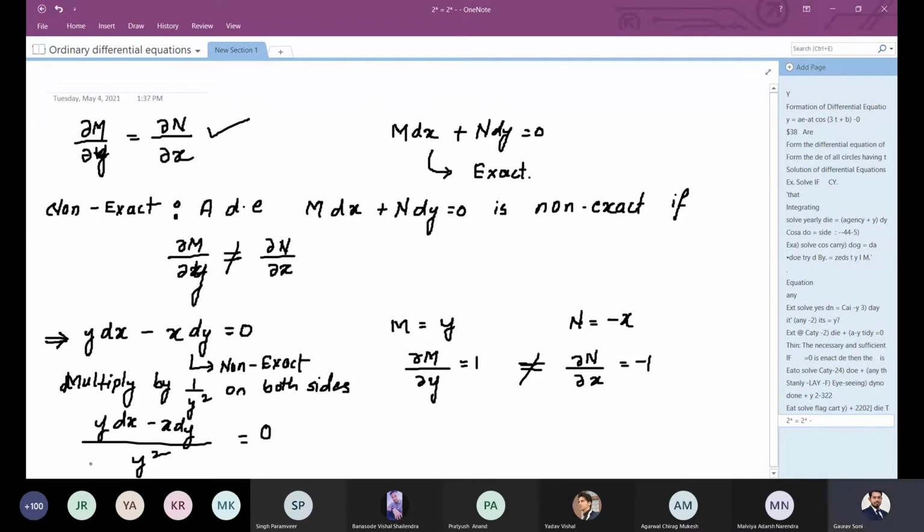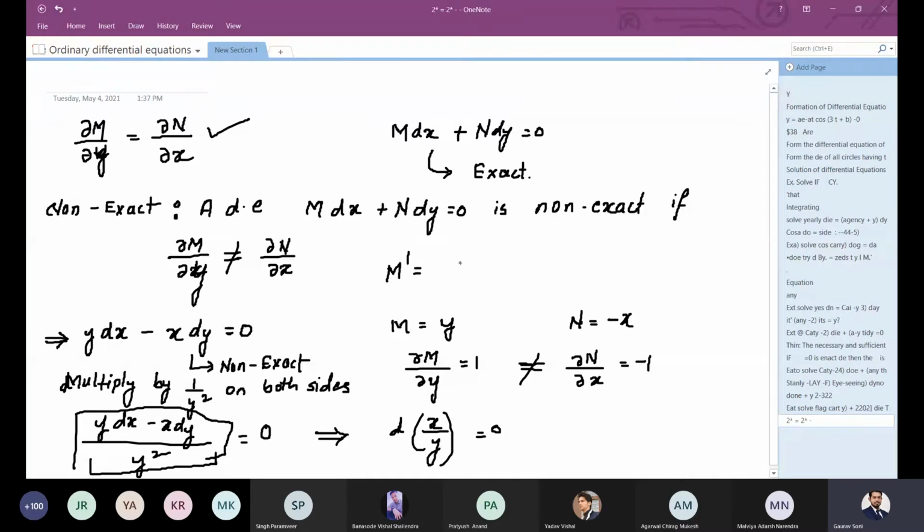So this term now becomes the derivative of x by y. Now, what will be M in this new differential equation, after multiplying by 1 by y square? M dash I will call it.